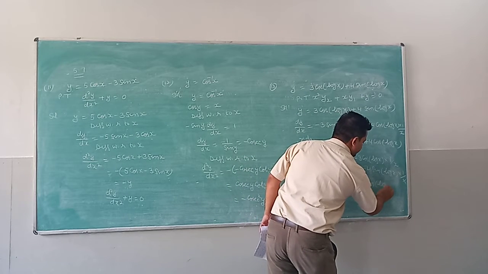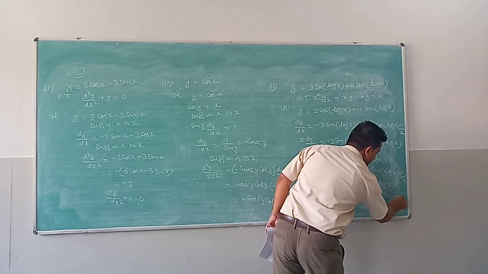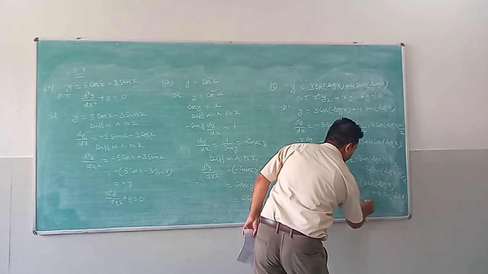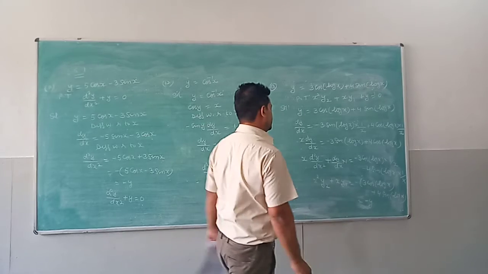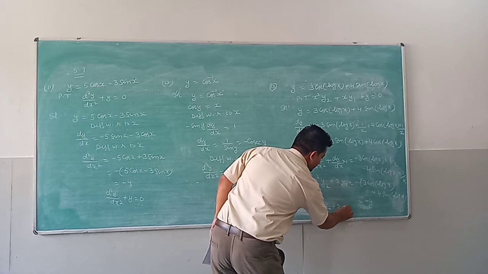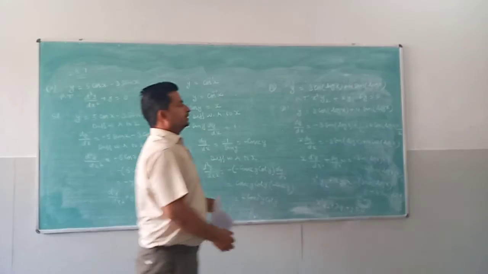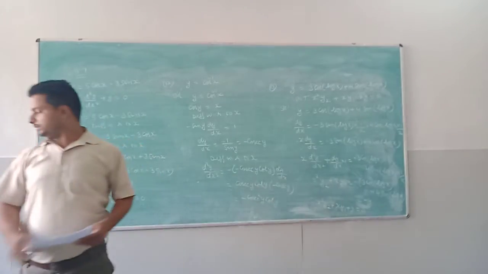So this becomes 4 sin log x. This is equal to 1. So the answer is x square y2 plus x y1 plus y equals 0. This is the proof of question number 13.